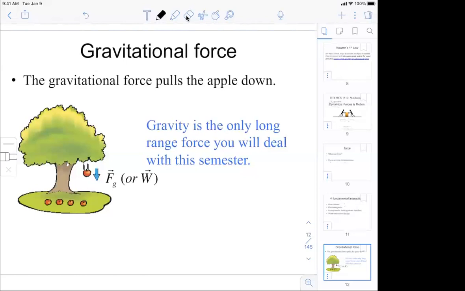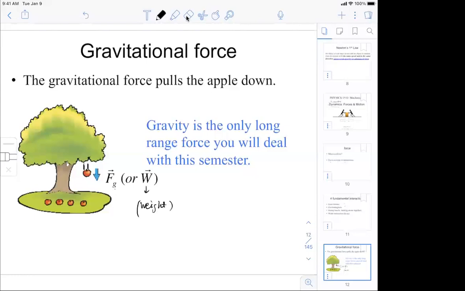Two phenomena that look so unrelated are described by the same physics law, that is universal gravitation. Gravity on Earth always points downward, and in terms of symbols, we use F of G, where G means gravity, or you can use W. In this case it is weight, because our weight is exactly the gravitational force.